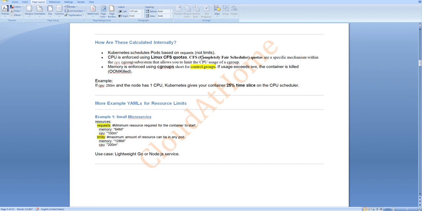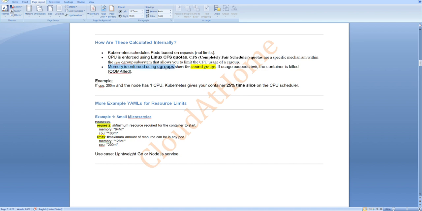What is CFS? It is the Completely Fair Scheduler quota specified under the CPU. Basically, it is under cgroups. Cgroups is nothing but control groups, and it is a part of the Linux system.